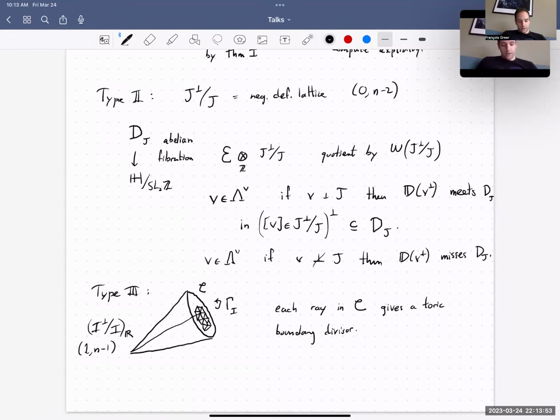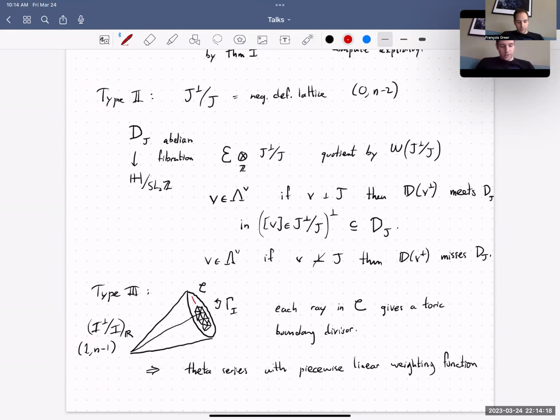So you get a theta series with a piecewise linear weighting. So this is just a completely toric computation.